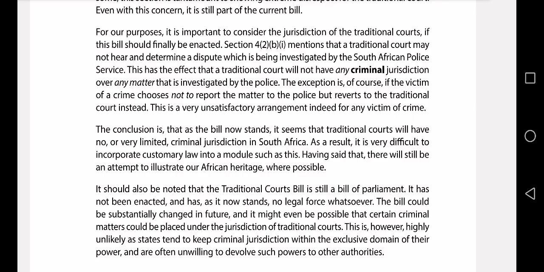This has the effect that traditional courts will not have any criminal jurisdiction over any matter that is investigated by police. The exception is, of course, if the victim of crime chooses not to report the matter to the police but reverts to the traditional court instead. This is a very unsatisfactory arrangement indeed for any victim of crime.